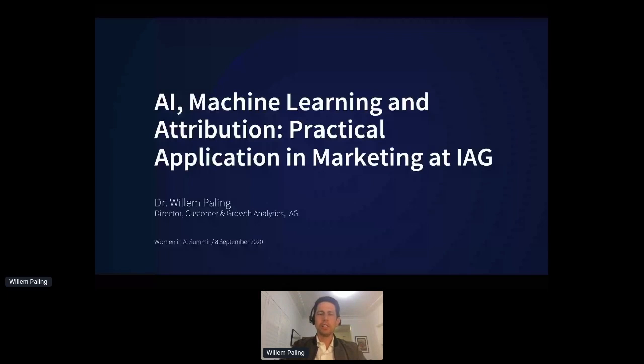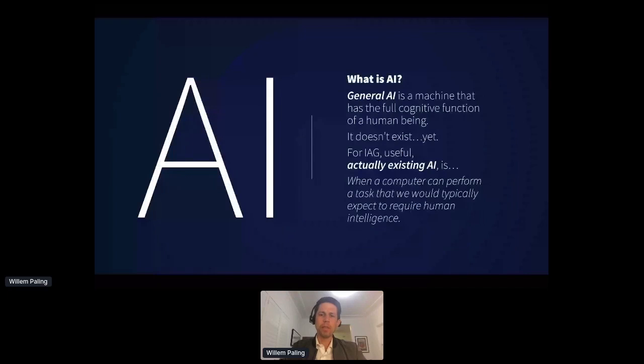Over the last decade or so, there have been a lot of changes in how marketing is done, which have been tied to stories of AI and machine learning. There are a lot of lessons for us in how we apply AI and machine learning generally, within and beyond marketing. To start with, it's useful to think about what AI is.